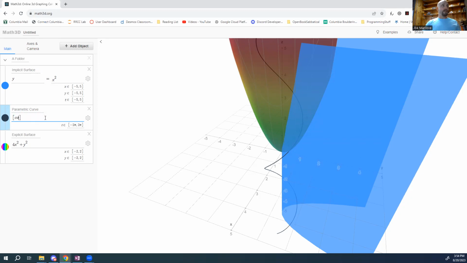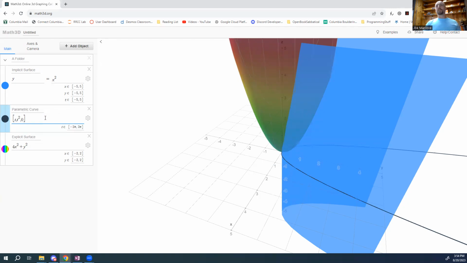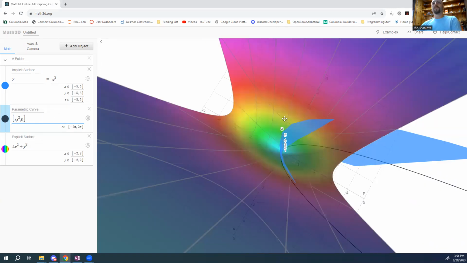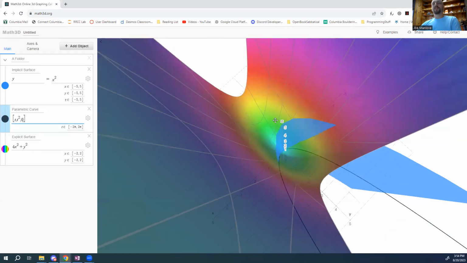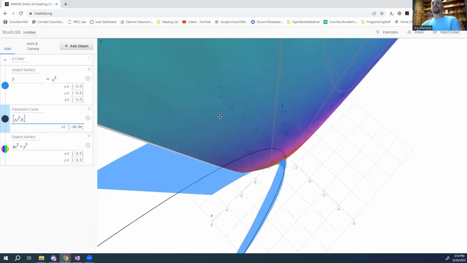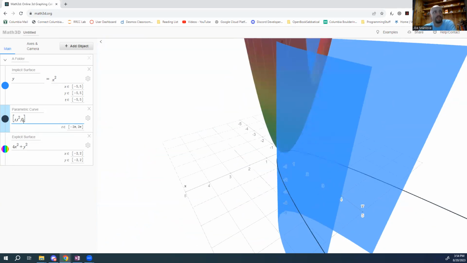I'm going to plug in x is t, y is t squared, and z is I don't know what, so I'm just going to put it in the xy plane. So now, if you look down this intersection, you see that when I look down the intersection, I'm over top of that? Okay, cool. So I've got this right. I'm just not sure what the z is.